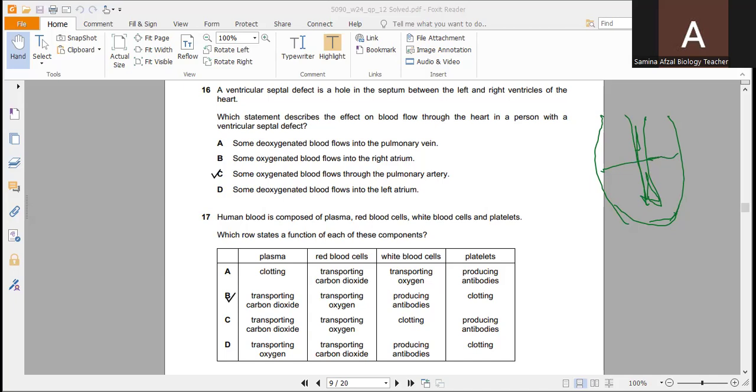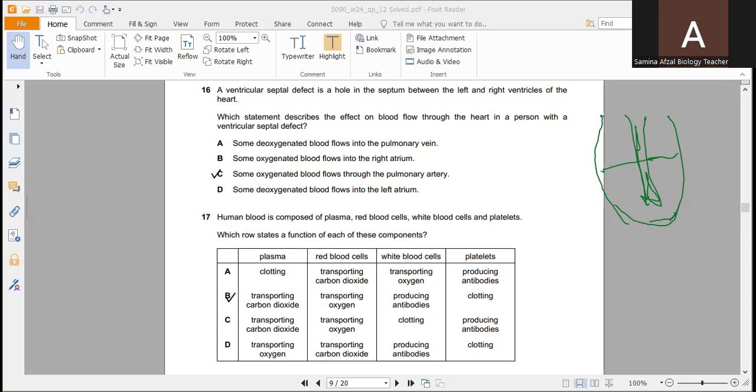On the right side, deoxygenated blood enters the right atrium, moves to the right ventricle and is pumped to the lungs via the pulmonary artery. On the left side, oxygenated blood enters the left atrium, then moves to the left ventricle and is pumped to the body via the aorta.